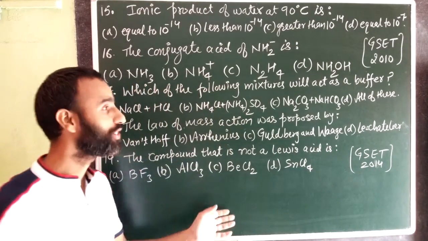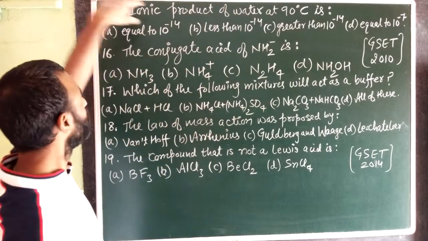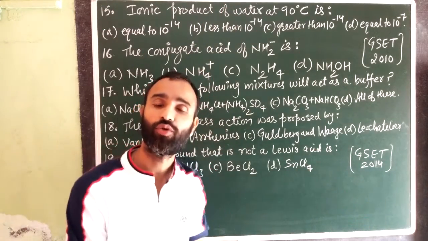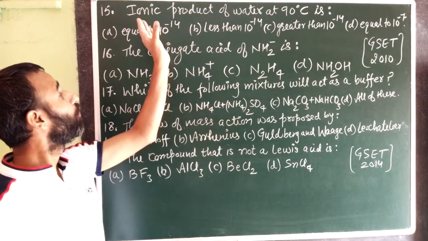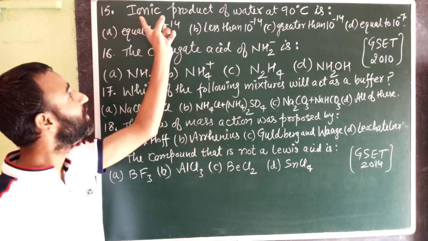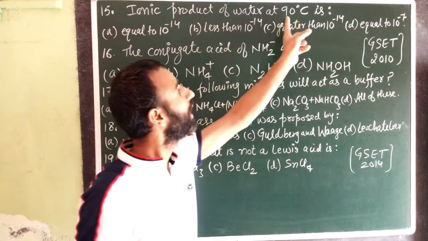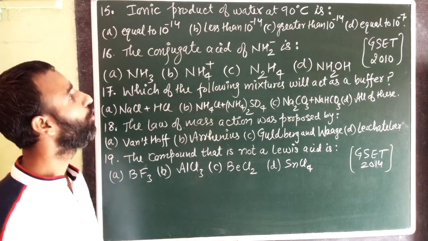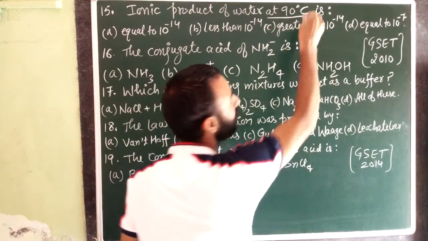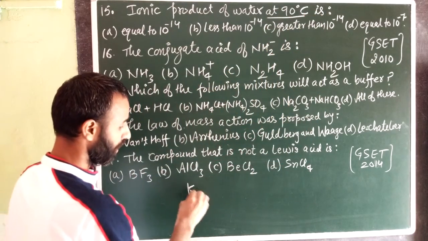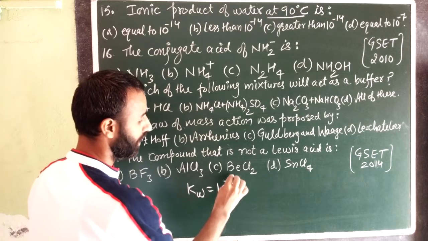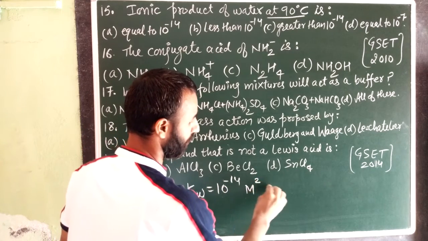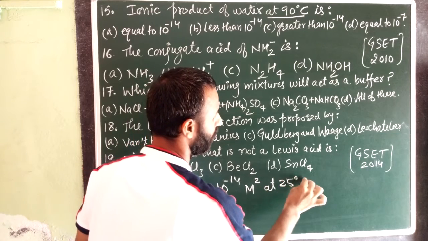Okay, so next questions are GSET 2010, 15 and 16, 17, 18, 19 from GSET 2014. So the 15th question is: ionic product of water at 90 degree Celsius is. As you know, ionic product of water is 10 raised to power minus 14 at 25 degrees Celsius.